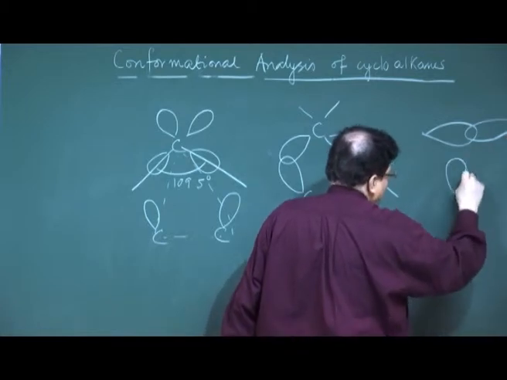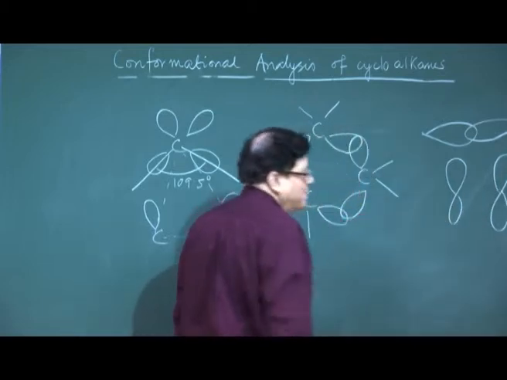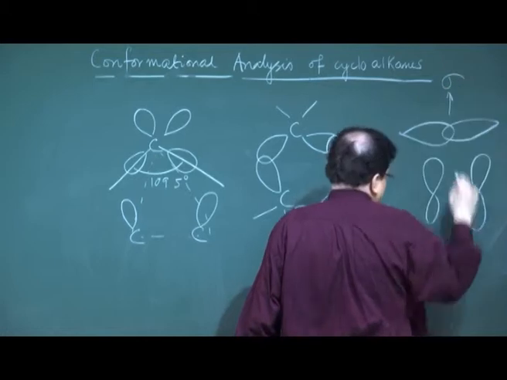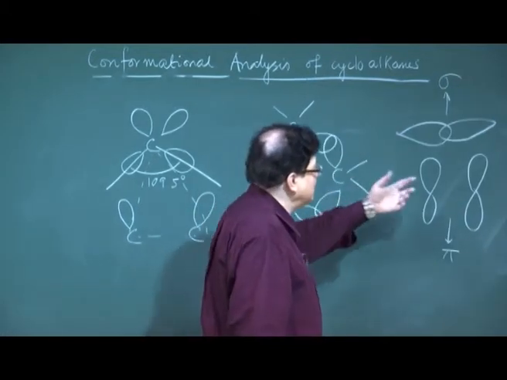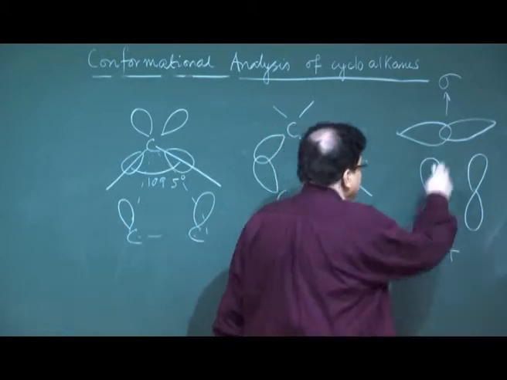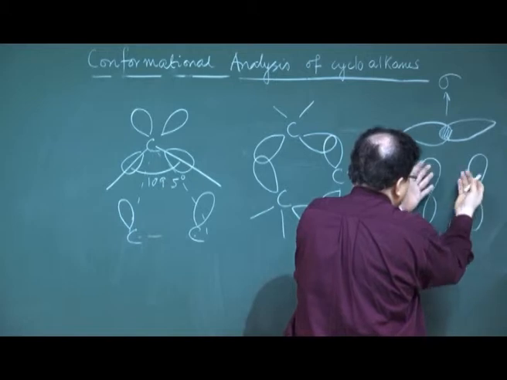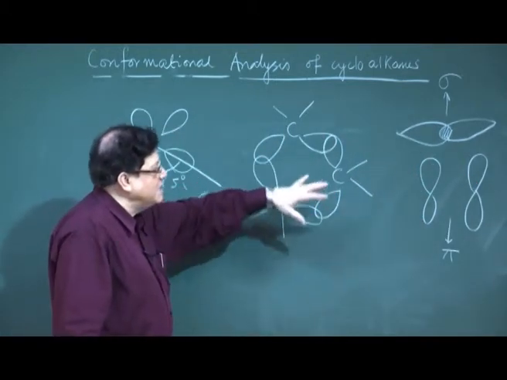In a pi bond, we know that they approach in a lateral fashion. So, this leads to a sigma bond and this leads to a pi bond, and we know that pi bonds are less stable than sigma bonds, simply because the extent of overlap is much more here rather than the extent of overlap if they approach laterally. And this is a scenario which is in between.